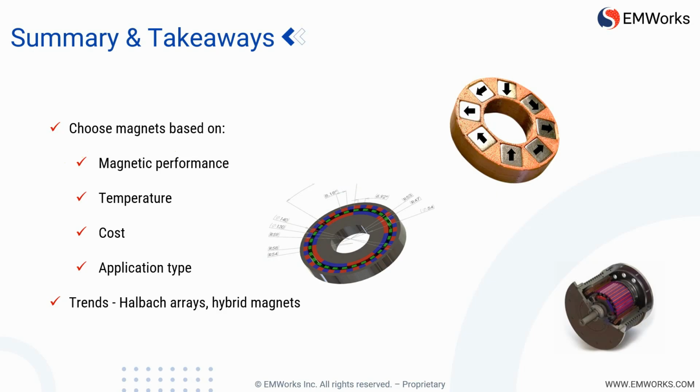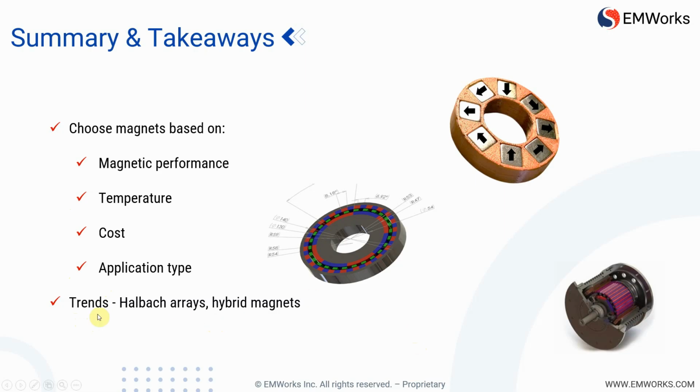We've covered the fundamental magnetic properties, remanence, coercivity, and energy product, and their significance in real-world performance. We analyzed major magnet types, including ferrites, Alnico, NdFeB, and SmCo, understanding their unique strengths, limitations, and ideal applications.